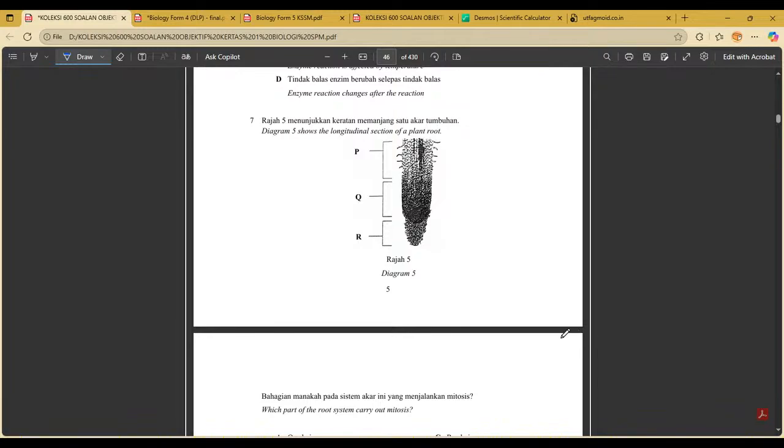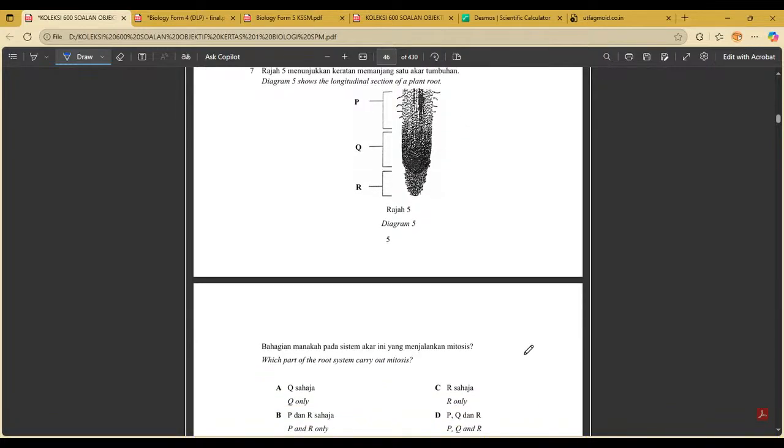Okay, diagram 5 shows the longitudinal section of a plant root. Which part of the plant root system carries out mitosis? Well, R carries out mitosis. It's R, the root cap. This looks like the root cap, maybe. This is definitely zone of differentiation. I think it's Q, but I don't know.